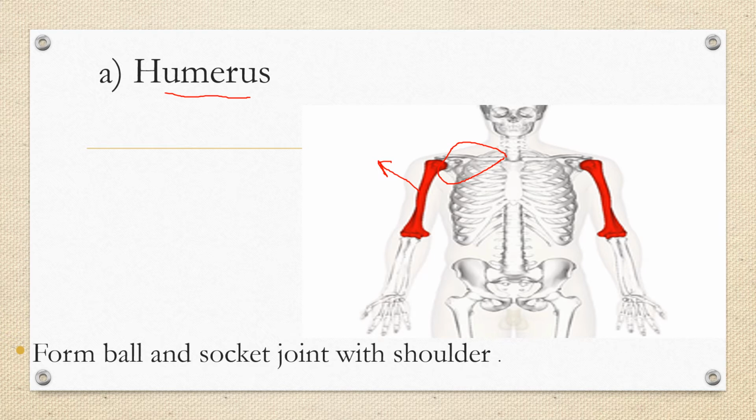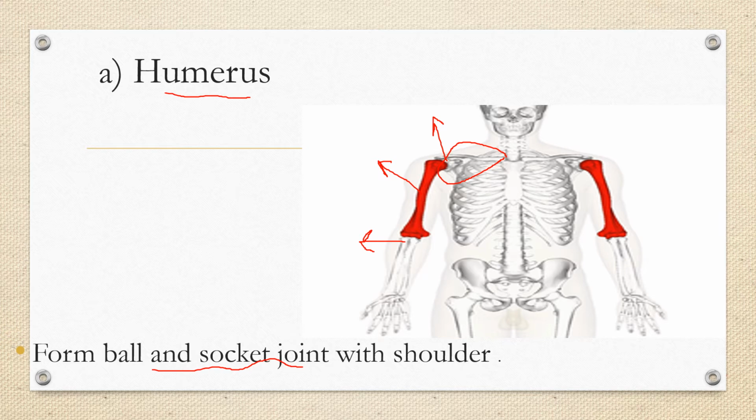It is a long bone, and you can see that it is present between the shoulder joint and the elbow joint. The only bone present in your upper limb, or upper arm, is the humerus, and it also forms a joint with your shoulder, called the ball and socket joint.